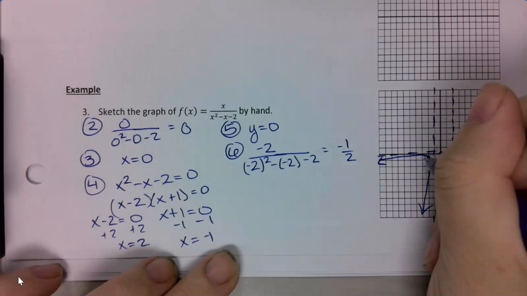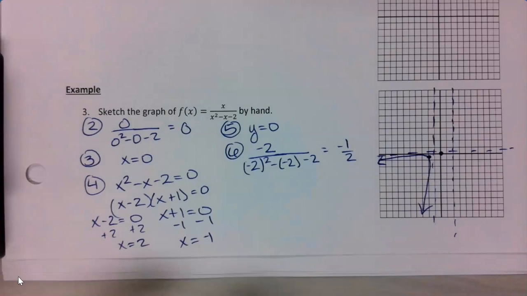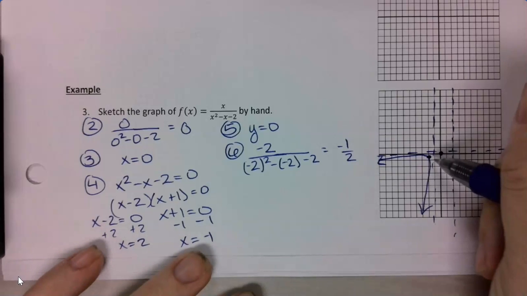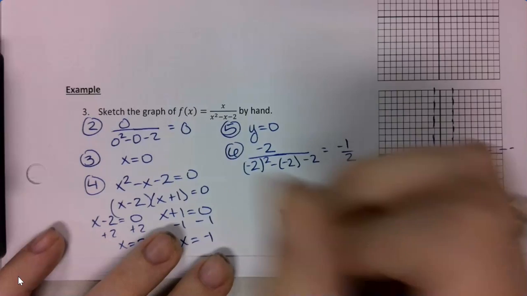It's -2, -1/2, because I plugged in -2 for my x. And then it's halfway in between 0 and 1. Okay? So then I'm going to plug in +1.